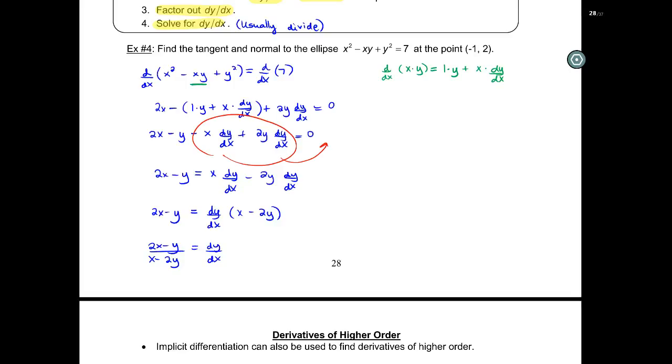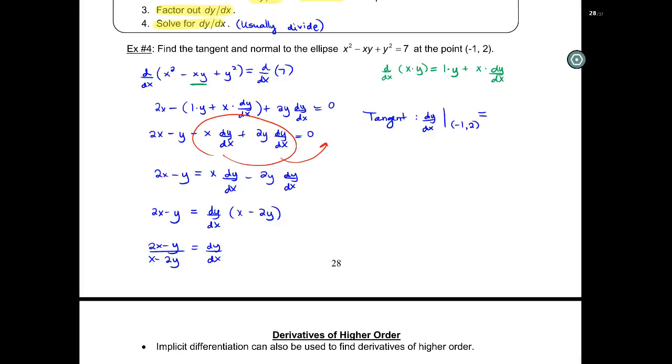It is, but that's my slope. So now, when I find my tangent and my normal to this curve, and I'm giving you the point -1, 2. So what do I need for the tangent? Yeah, I just need to find the slope. So let's find dy dx at -1, 2. What's that going to be?